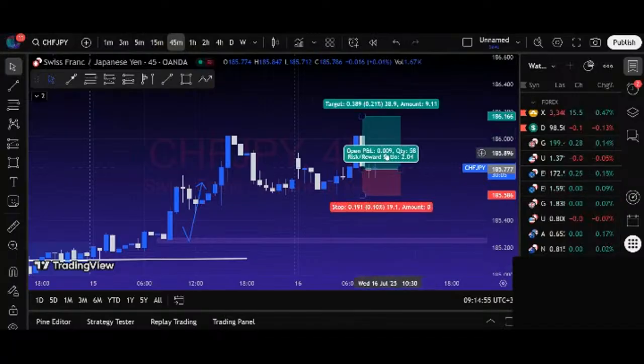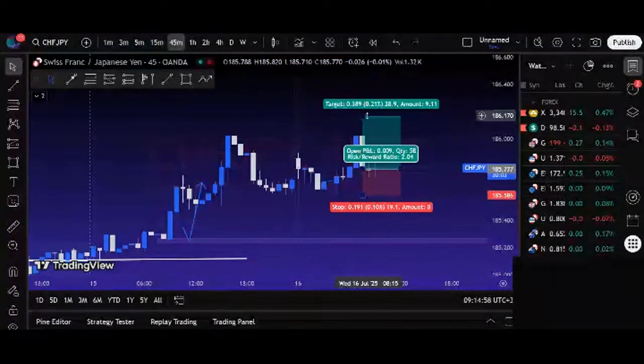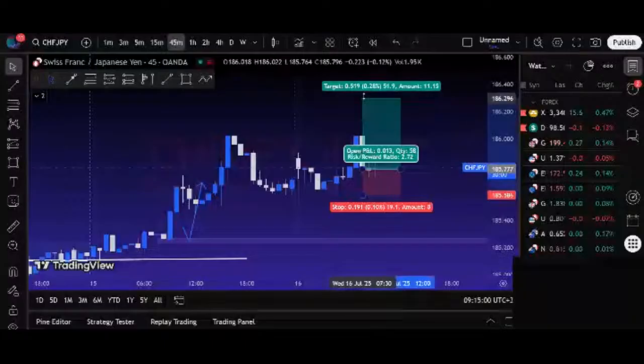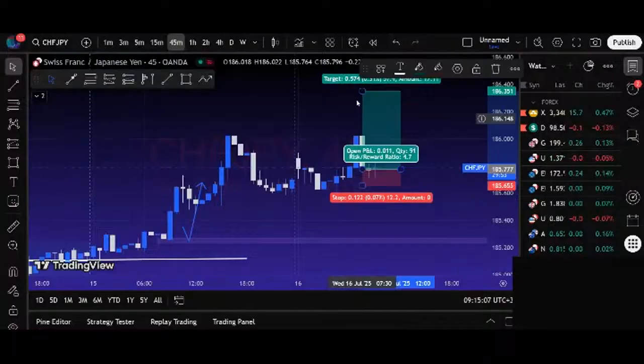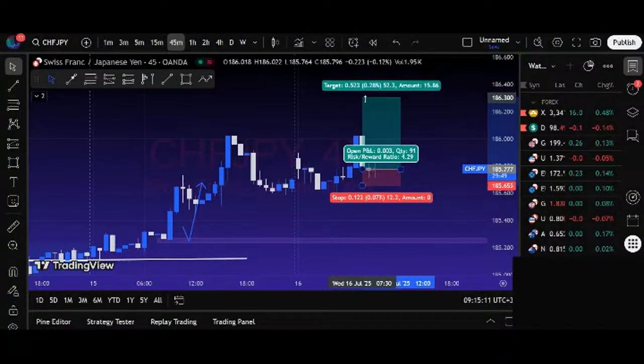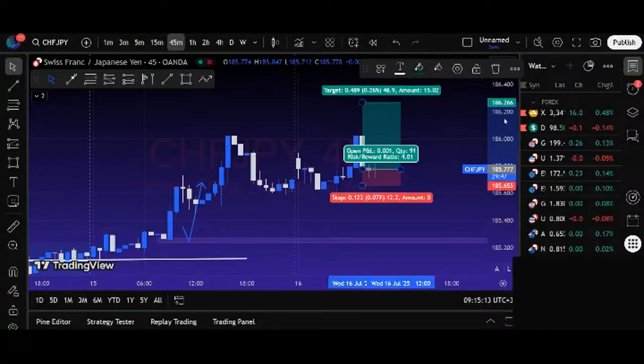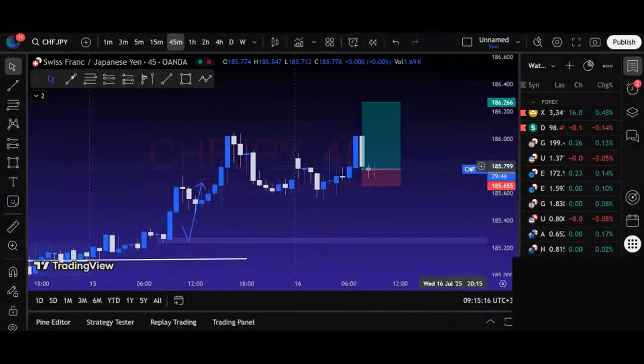Risk reward ratio is imefika 3. No, it's 2. Wametuambia lazima tucheze na 3. So though haifanyi haraka. It takes a lot of time. Nataka ikuwe risk reward ratio of 4. So it takes a lot of time actually.